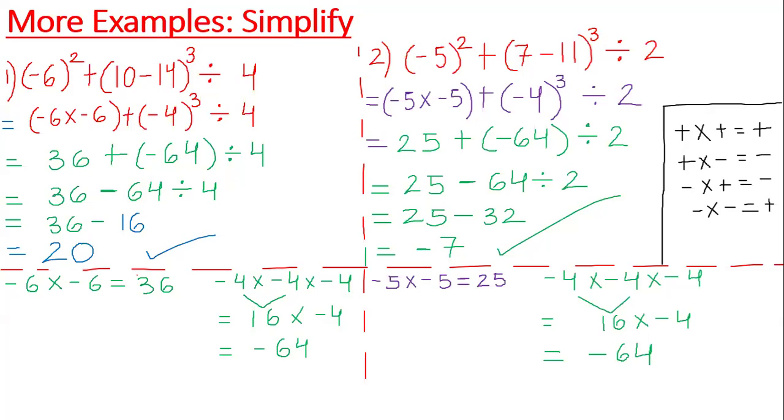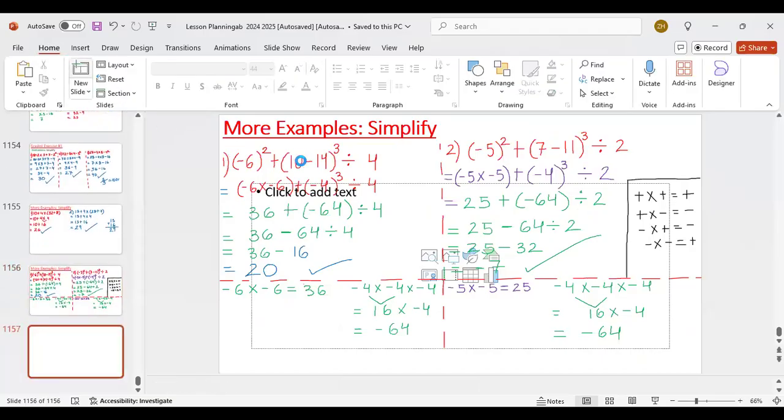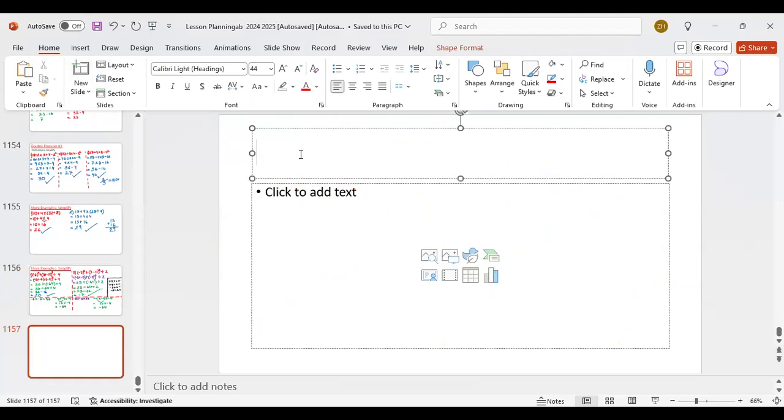All right, are we done? Yes, sir. All right, let's move on. Let me give you another example. Okay, so more examples. Simplify.